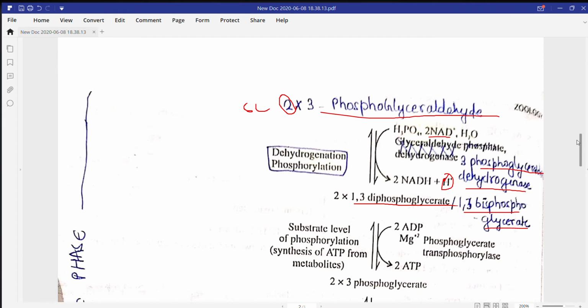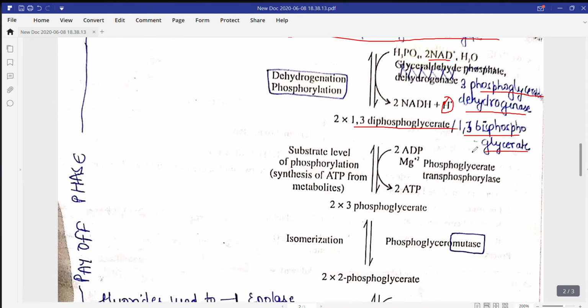Next, 1,3 bisphosphoglycerate again converts into 3-phosphoglycerate, also 2 molecules, with the help of phosphoglycerate transphosphorylase.